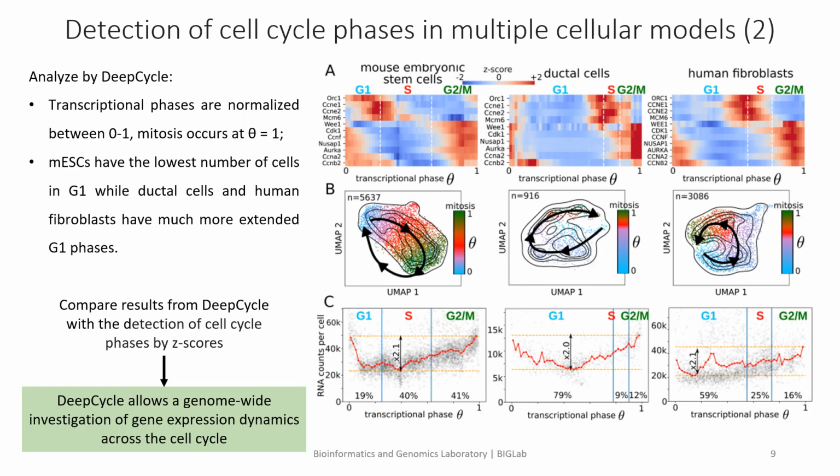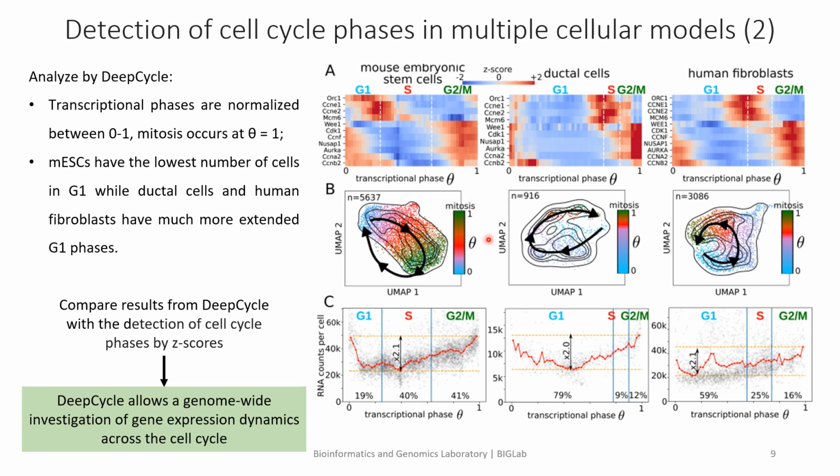Using DeepCycle to analyze RNA velocity of those marker genes, DeepCycle indicates the transcriptional phase, which is normalized between 0 and 1, and then the transcriptional phases are aligned such that mitosis occurs at angle equal 1.